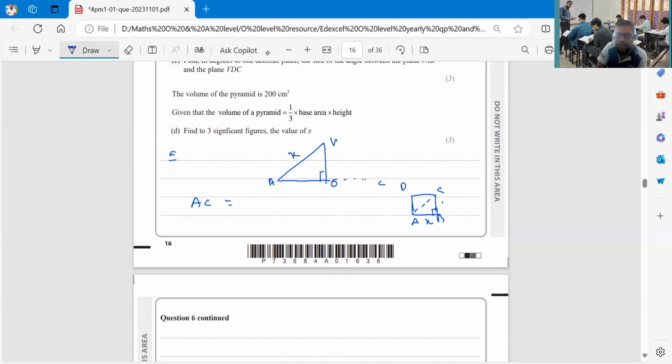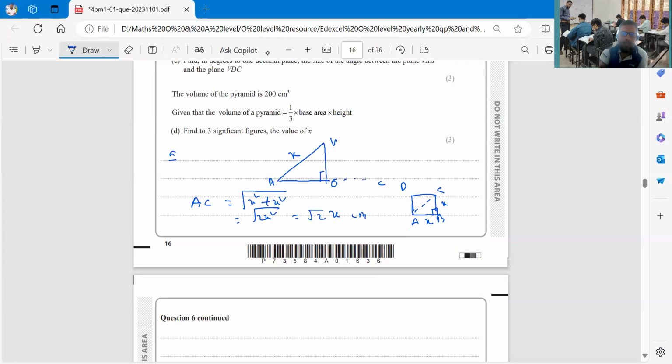So AB equals x and BC equals x. Using the Pythagoras theorem, because this is a right angle triangle, you can write the square root of x square plus x square, which is the square root of 2x square, and it will be root 2 x centimeters.